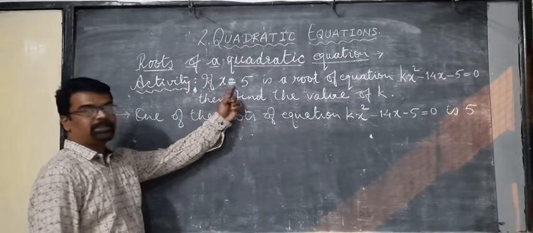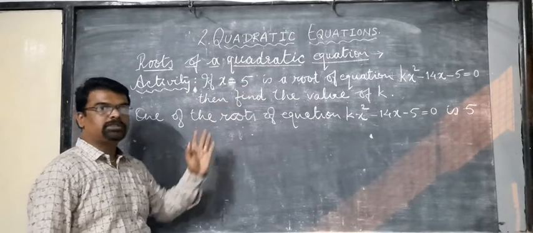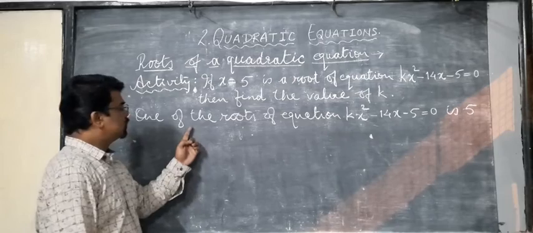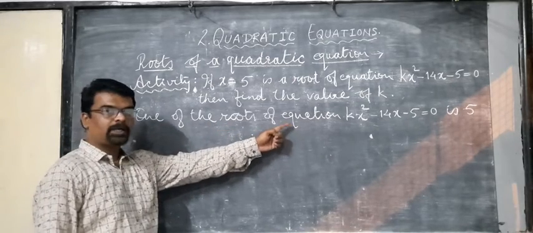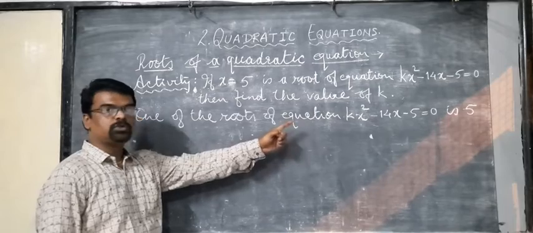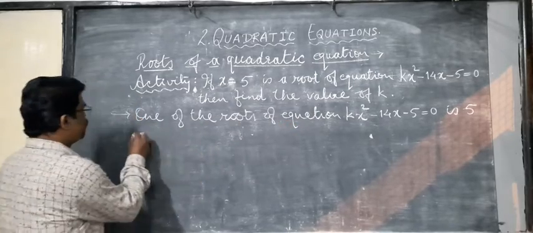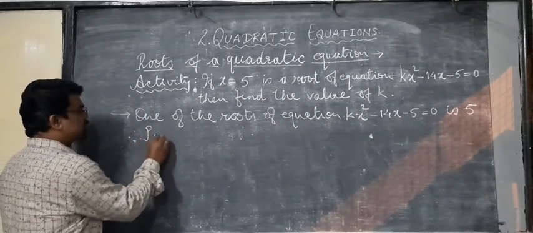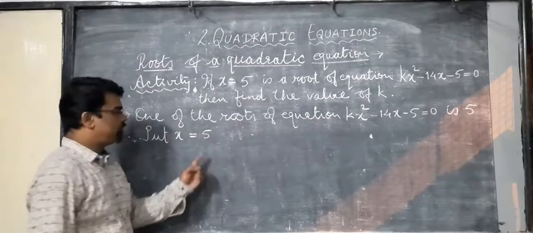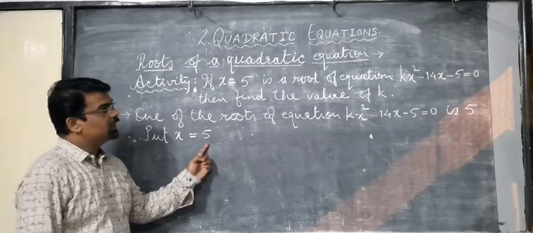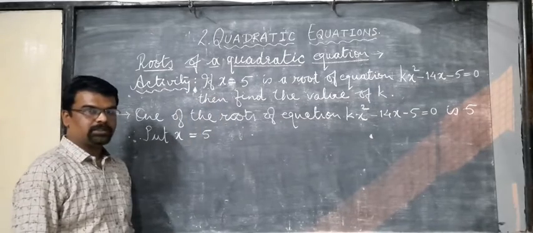Here x is equal to 5 is the root of this given equation. So in the solution we can write one of the roots of equation kx square minus 14x minus 5 is equal to 0 is 5. Therefore, put x is equal to 5. You have to put the value of x as 5 in this given equation.